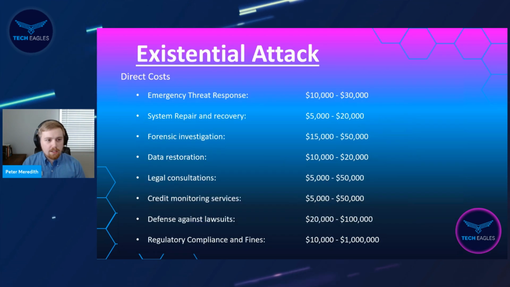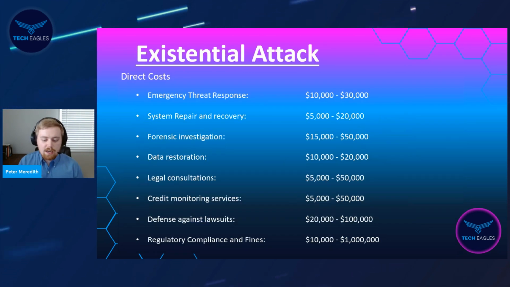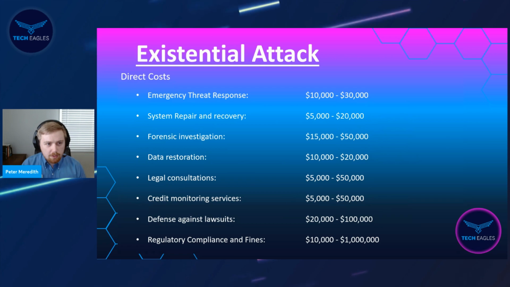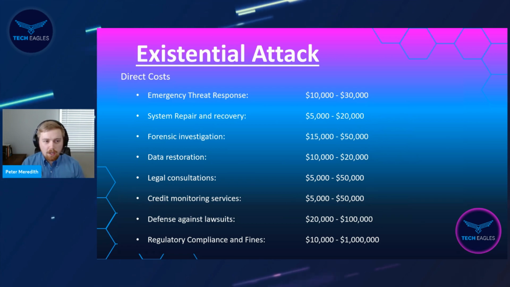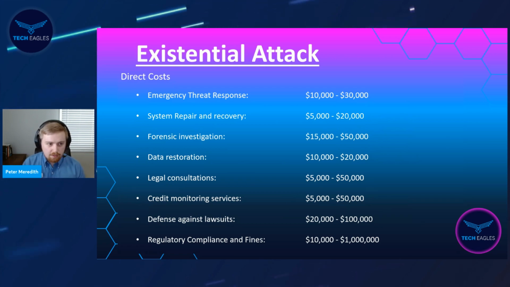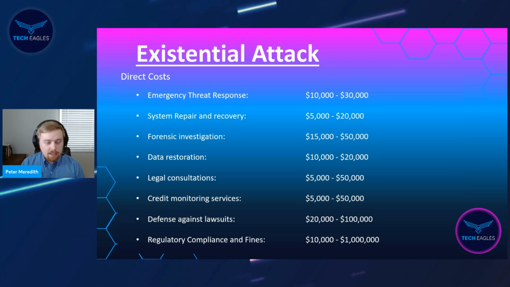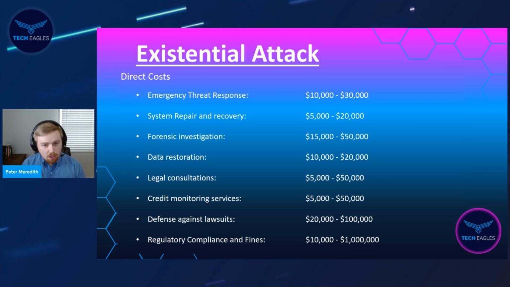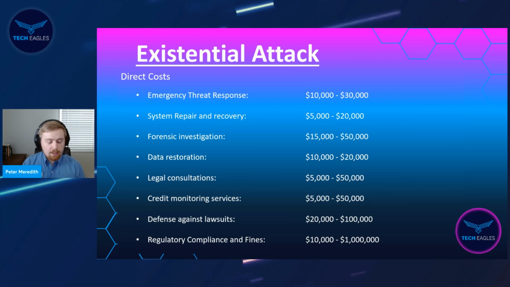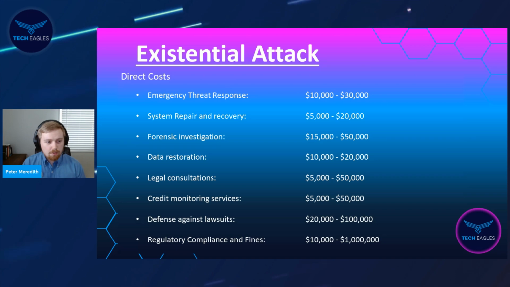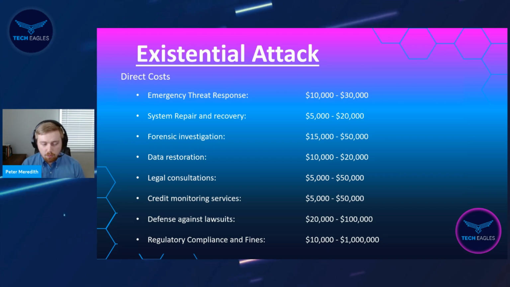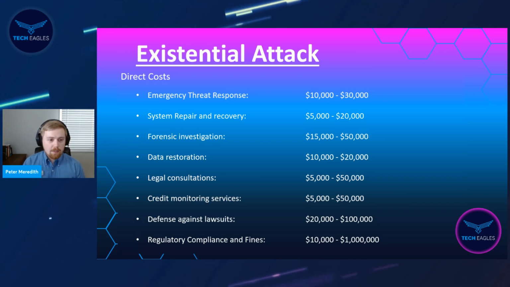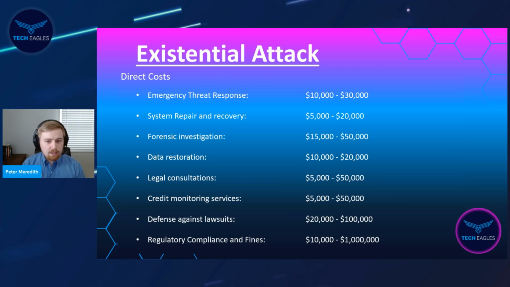Our final category is an existential attack, and this is an attack that is absolutely major and requires public disclosure that you were attacked. So this adds the additional factor of defending against potential lawsuits that people may levy against your company. And most states require you to provide credit monitoring services for free to all of the people who are involved in the breach.